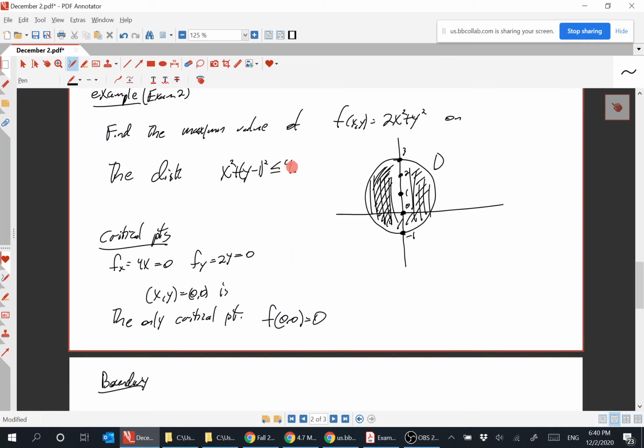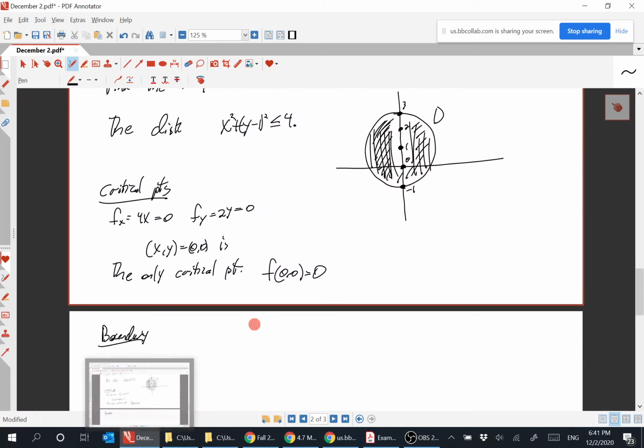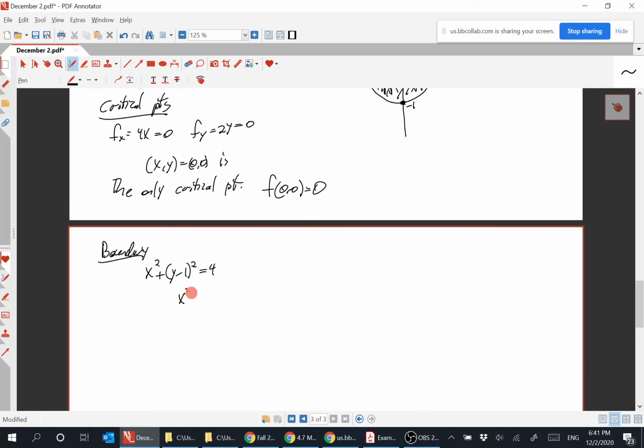It would be the equation for the circle, but equal to 4 rather than less than or equal to 4. Less than or equal to 4 gives you the inside and the boundary, right? So the boundary is x squared plus (y minus 1) squared equals 4. That is the circle itself, not the inside of the circle. Okay, fine. So here, x squared is 4 minus (y minus 1) squared.